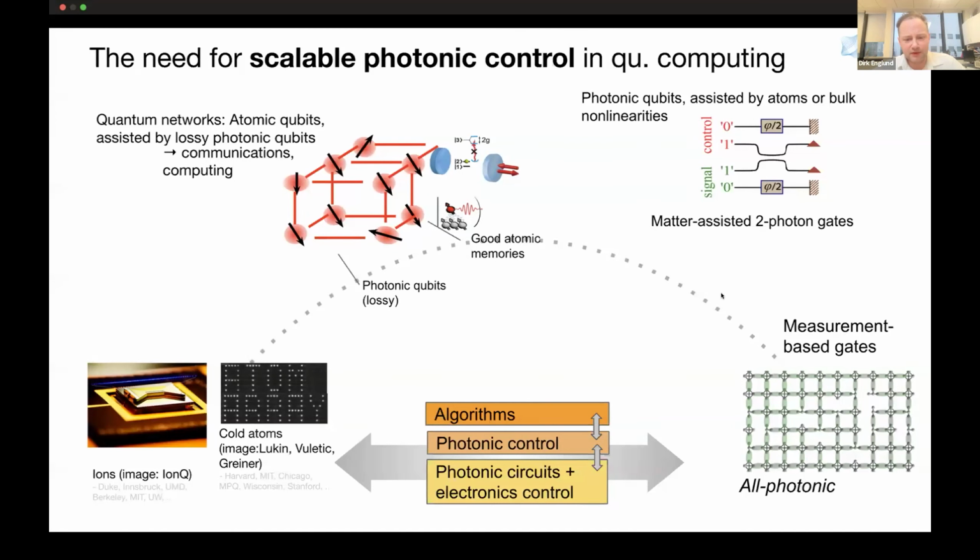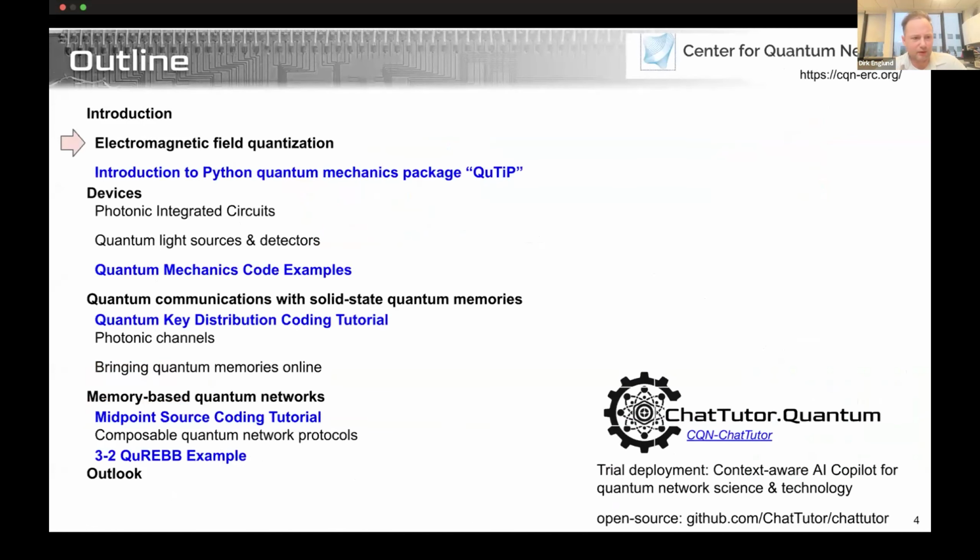In all of these schemes, there's a need to develop, by co-design, algorithms, the control systems, and the fundamental materials, the qubits, etc. And so you'll see that reflected in this course.